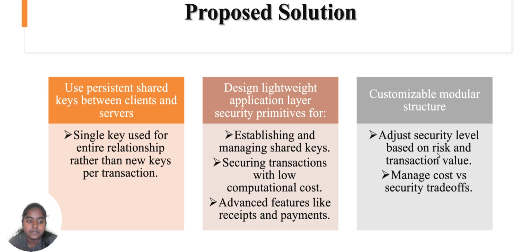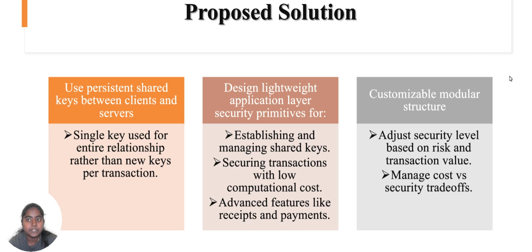The higher the transaction value, the higher the security, and the lower the transaction value, the lower the security. This serves as an advantage by adjusting the security levels based on the risk and the transaction value. This is also helpful in managing the cost and security trade-offs.